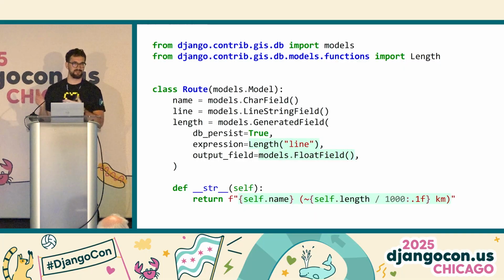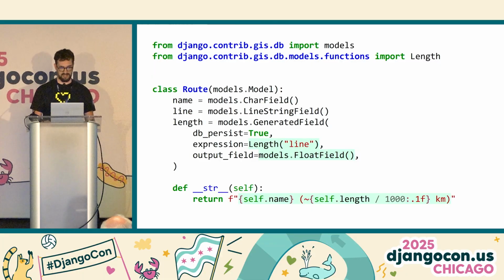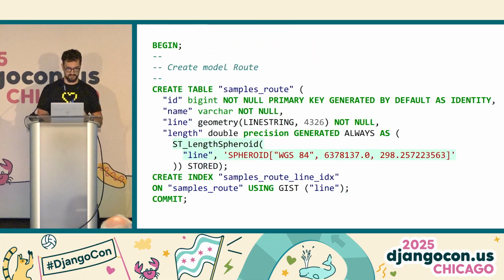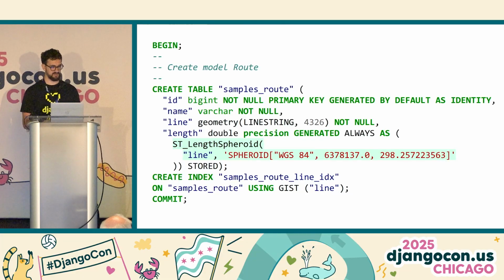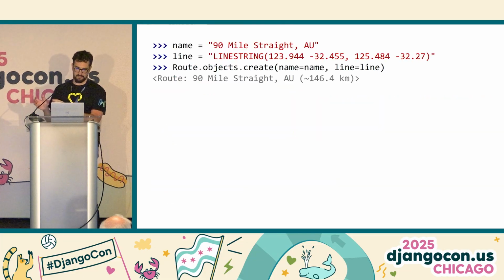To represent it, I created a route class with a name and a line. And we can automatically calculate the length of this line in kilometers, of course. This is the function we have directly in PostGIS, and when we instantiate the route, we see the calculation directly in kilometers for us.